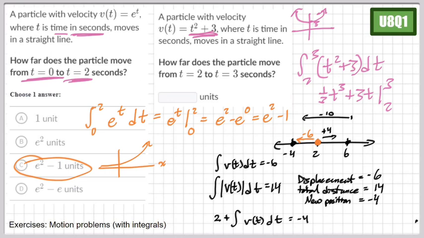I'm not going to finish it, but if you do this out, you get 9 and 1/3. As an improper fraction, that would be 28 over 3.